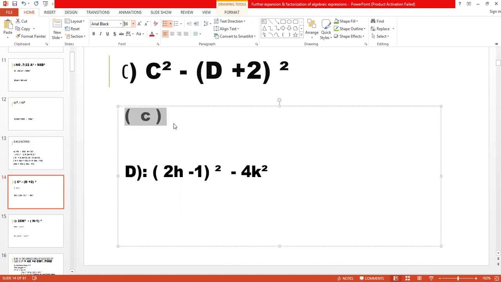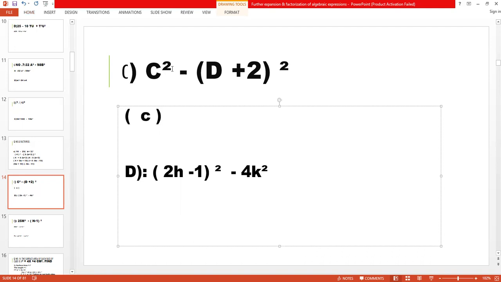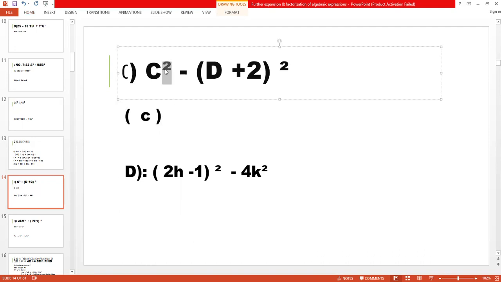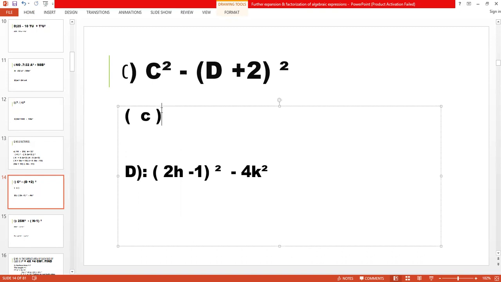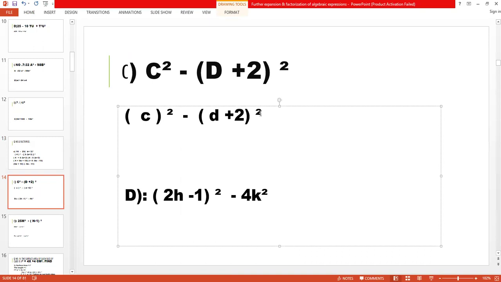Okay. So that is the square of C, and this one is the square of D plus 2 whole square. Okay. So one time we have to add and one time we have to subtract. First we have to write the first term, then we have to add the second term, the whole second term. That is D plus 2.